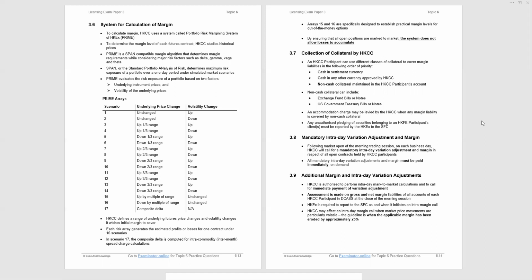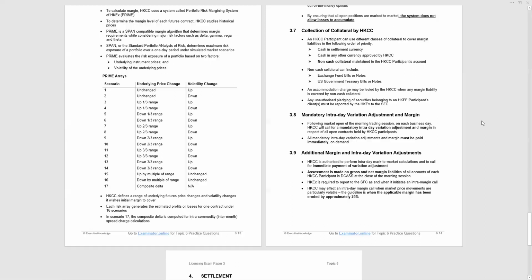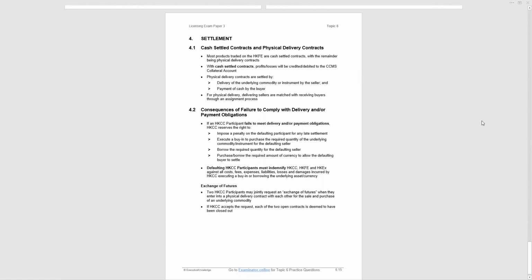And as I say, that tends to be when the market is particularly volatile. They give us some indication, and at the bottom of page 6.14, we're told the guideline is when the applicable margin has been eroded by approximately 25%.